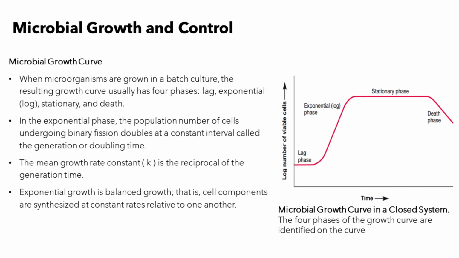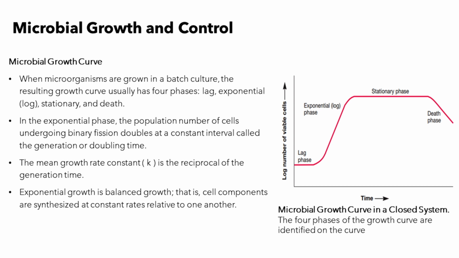Microbial growth and control. Microbial growth curve. When microorganisms are grown in a batch culture, the resulting growth curve usually has four phases: lag, exponential (log), stationary, and death.